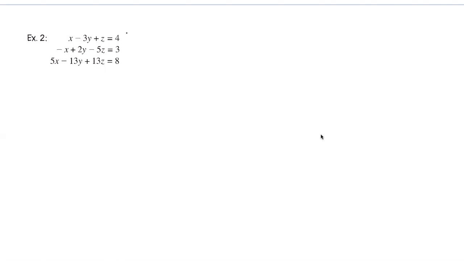So I'm going to start with these first 2 equations. And the reason why I'm going to start with those, and let's put a number 1 here, I'm going to start with these 2 because I have x and -x, which means I can just add my 2 equations together and get rid of one variable, get rid of the x.